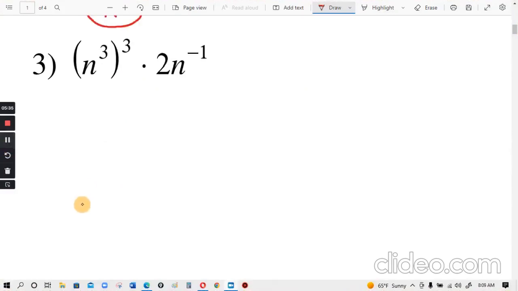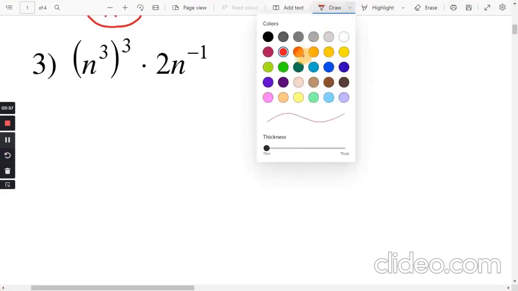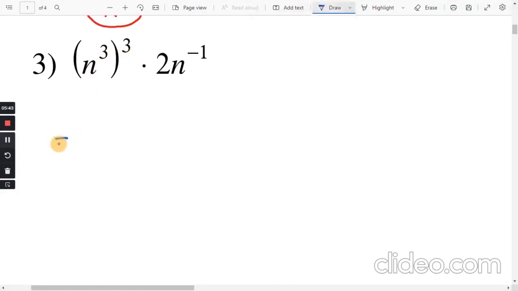All right, let's look at number 3. We have n to the third, raised to the power of 3. So we keep the n, and the exponents get multiplied in this case. 3 times 3 is 9. And that's going to be times 2n to the negative 1.